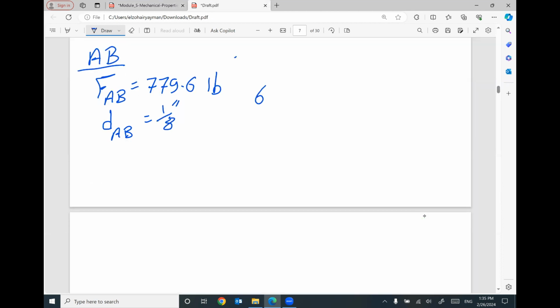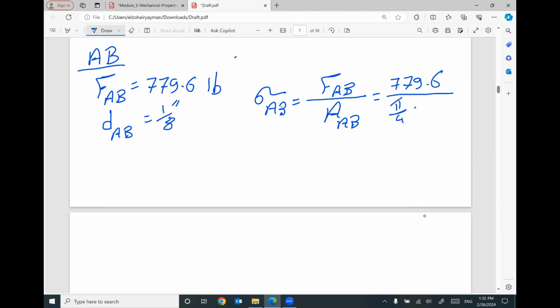So I can figure out the stress in wire AB, which equals the applied force in wire AB divided by the area of wire AB. The applied force from engineering mechanics was 779.6 pound divided by pi divided by 4 times diameter 1/8 squared.